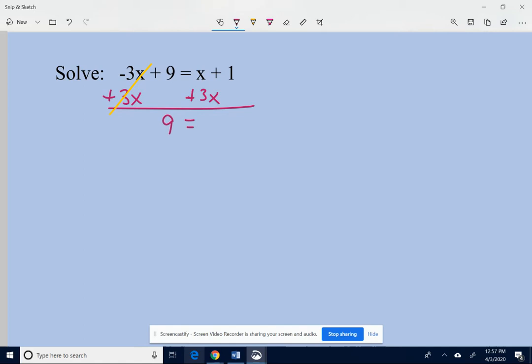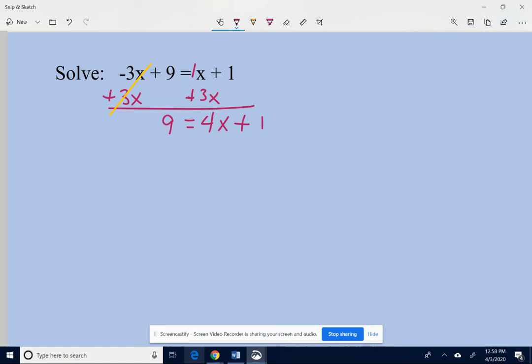On the right side, I have x plus 3x. Remember, if there's no number in front of the x, it's understood to be a 1 in front of the x. So think of that as 1x plus 3x is 4x. We still have the plus sign and the 1. So we have 9 equals 4x plus 1.